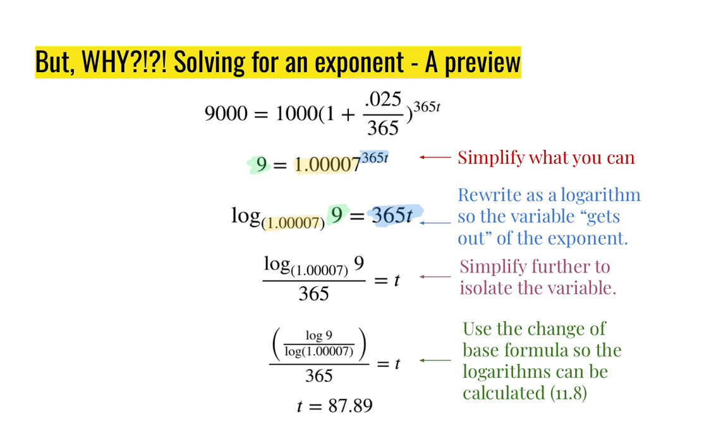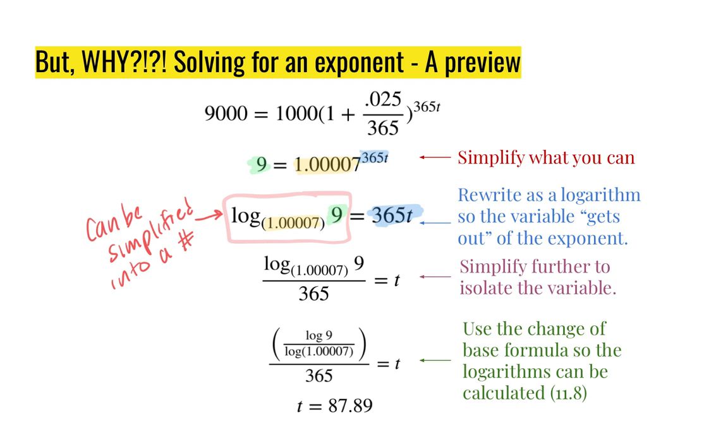But now you can see that that exponent has been isolated. That variable is now accessible because everything that is right here can be simplified into a number, because there's no variable there. So I can simplify this into a number.